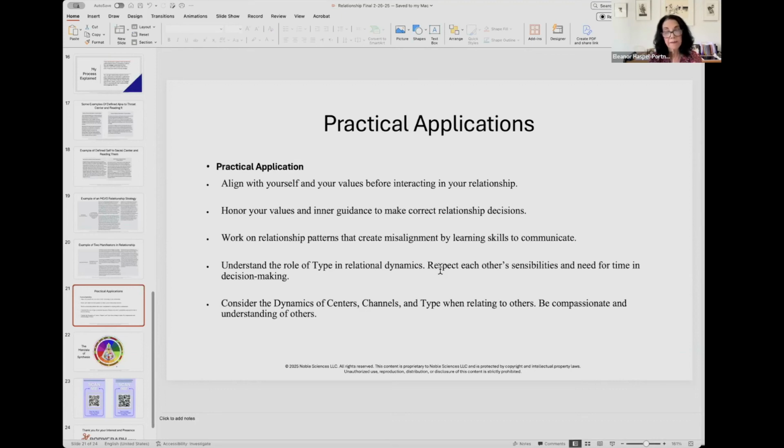Understand the role of type in relationship dynamics. We respect each other's sensibilities and the need for time in decision making.